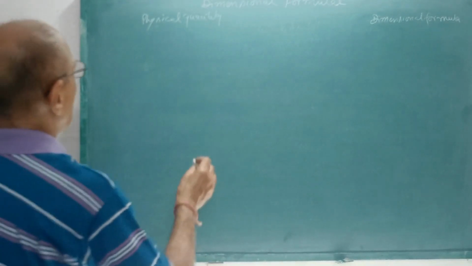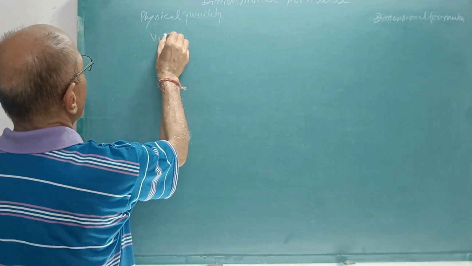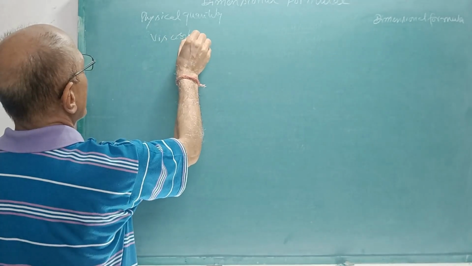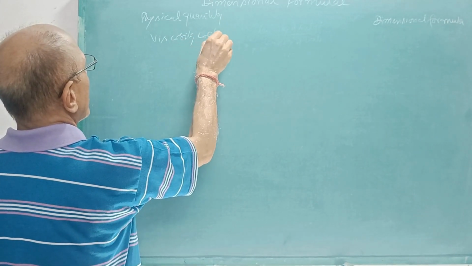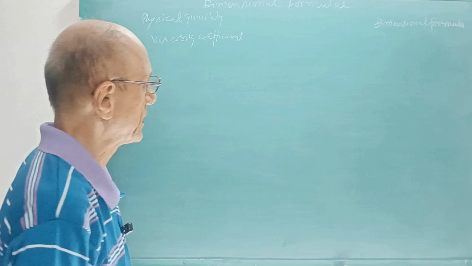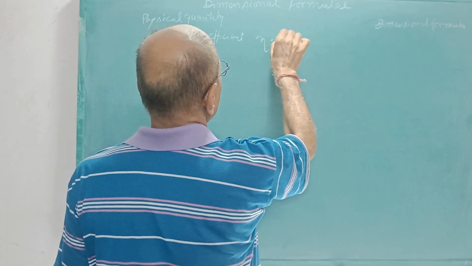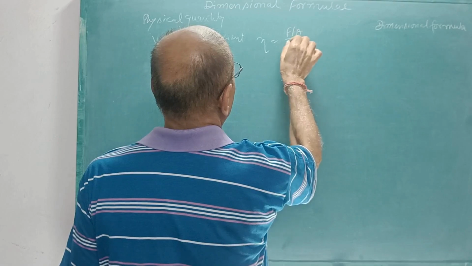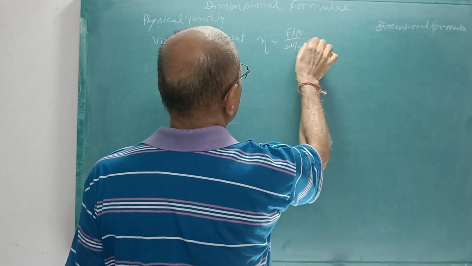Now viscosity coefficient. Viscosity coefficient is eta equals to force per unit area per unit velocity gradient.